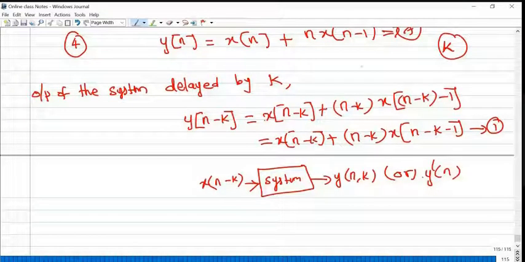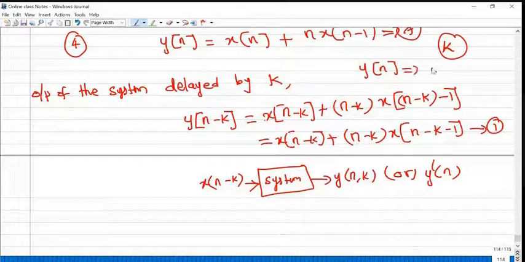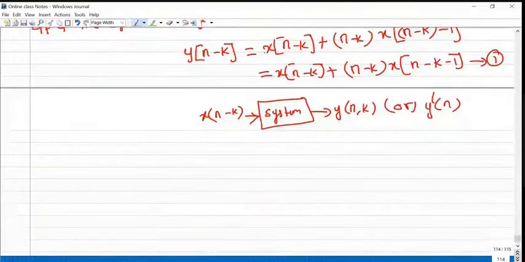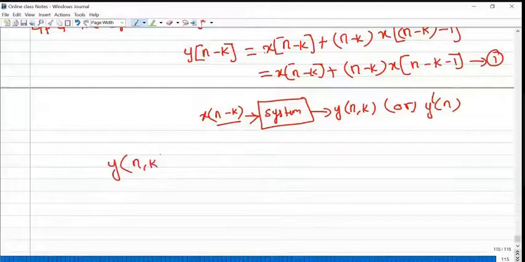Second expression. In the first expression, my y of n itself is delayed by n minus k. The second expression is formed by assuming our input is delayed by k amount of time and then applied to the system. Now our system is represented by y of n comma k.